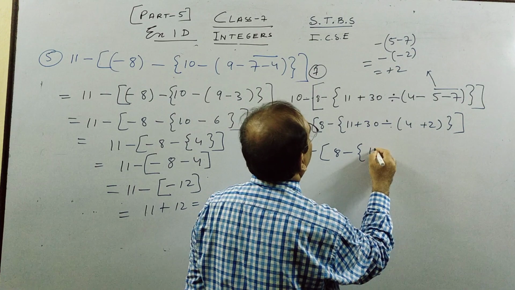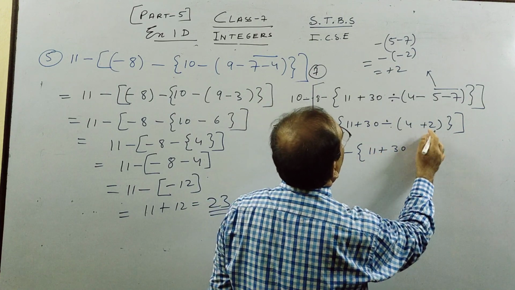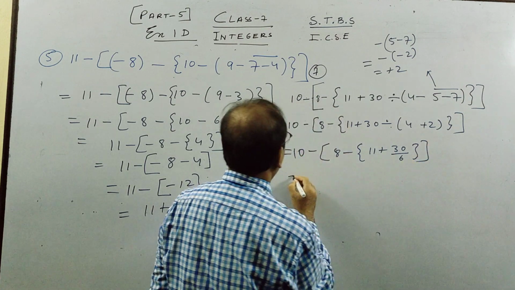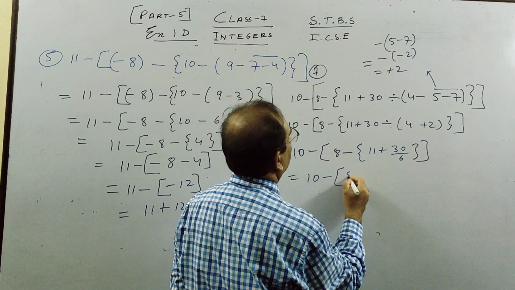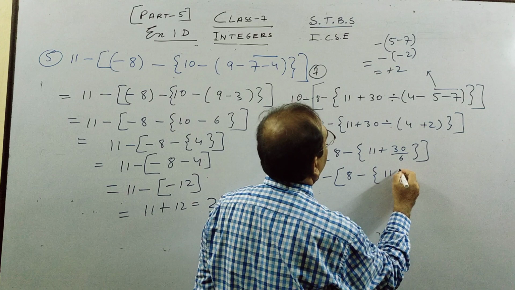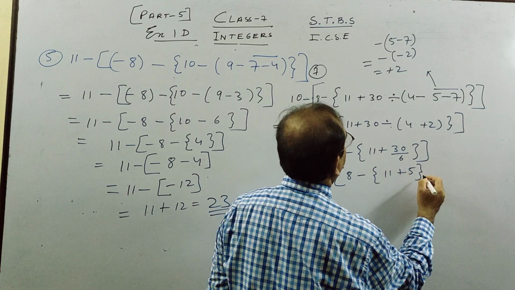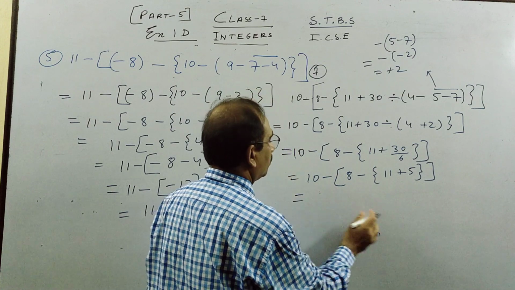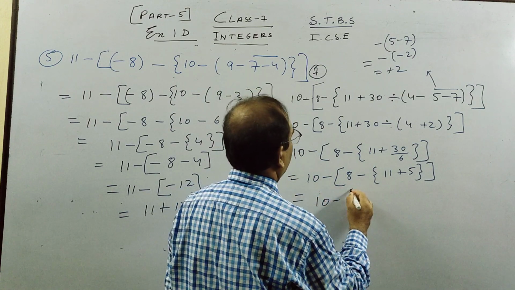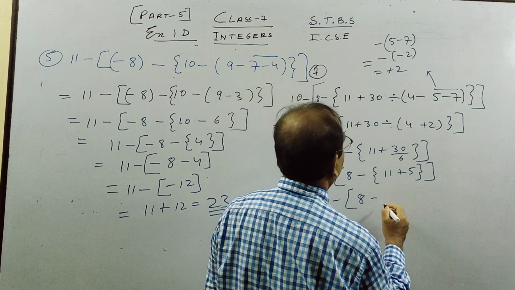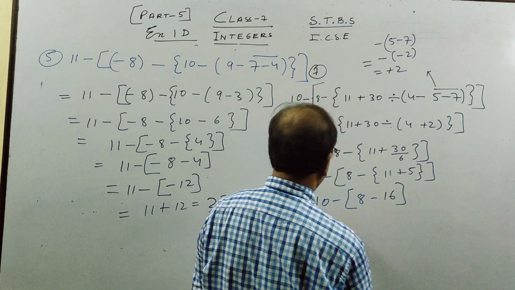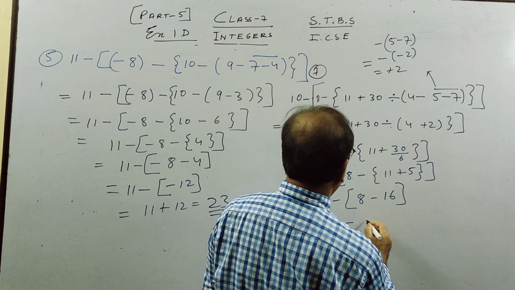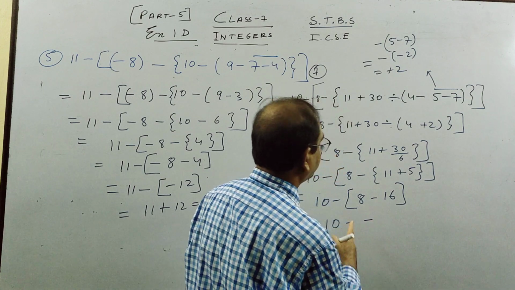So here 11 plus 30 divided by 6. What do we get? 11 plus 5, because 30 divided by 6 is 5. So we get 10 minus 8 minus 16.